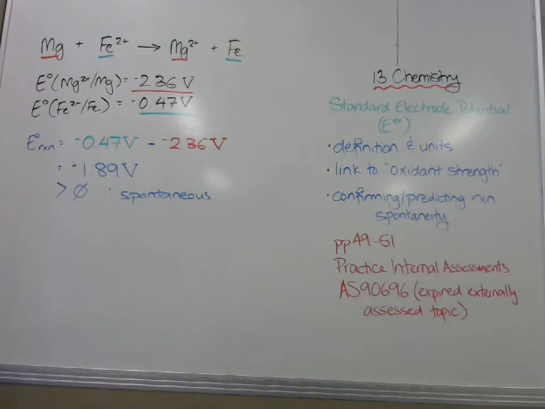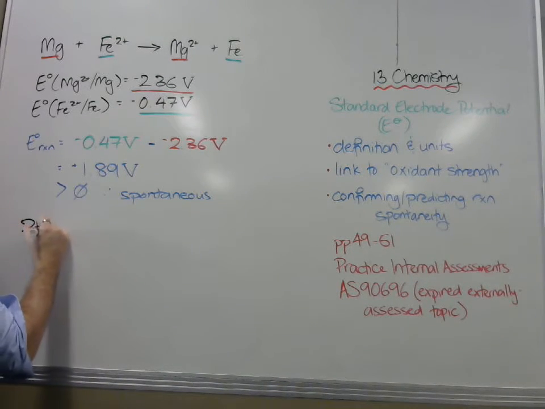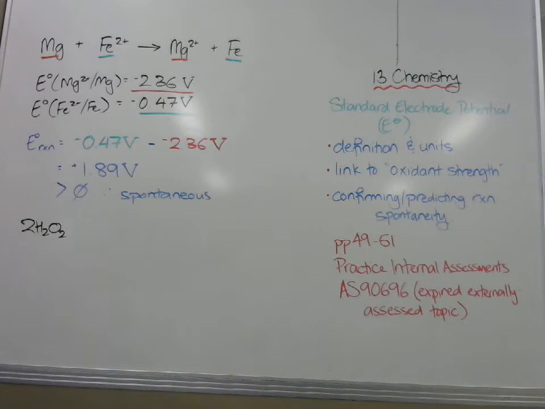Now we can also use this to explain, and I'm not going to do this one in the video, I'm going to get you to do this. We can also use this to explain why hydrogen peroxide auto-oxidizes. If we leave hydrogen peroxide in a bottle for any length of time, its concentration decreases because it auto-oxidizes.